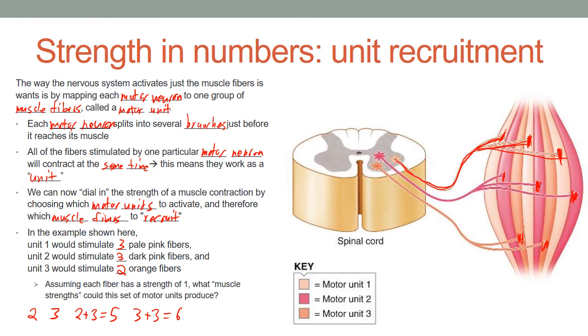And then we could stimulate units 1, 2, and 3 all at the same time, so 2 plus 3 plus 3 is a full strength of 8. So you see we can't get quite every single possible number between 1 and 8, but we can get 2, 3, 5, 6, or 8. That's a decent amount of control over how much this muscle contracts.